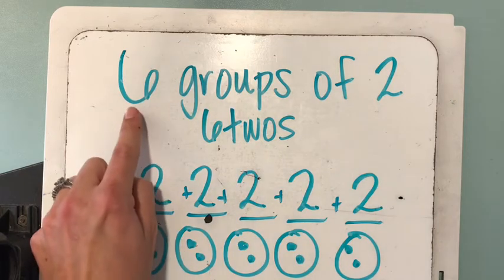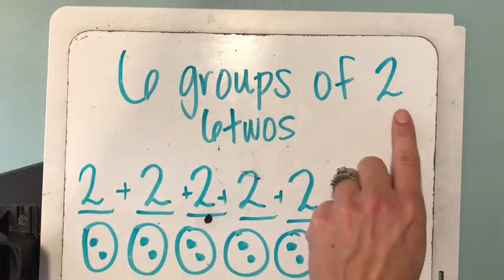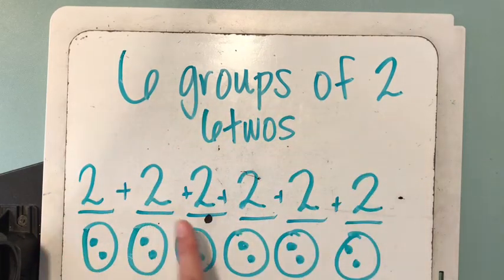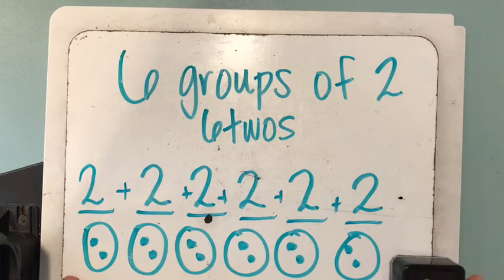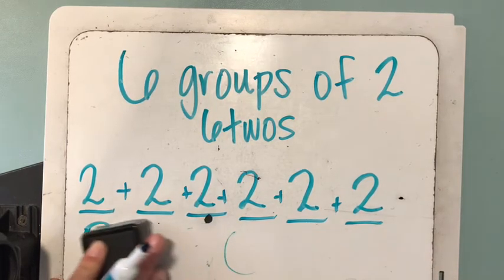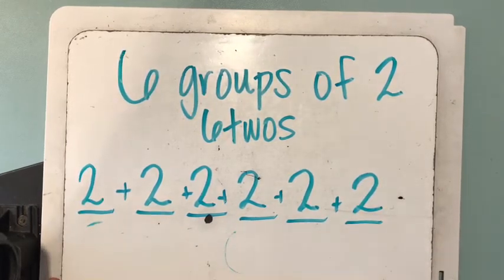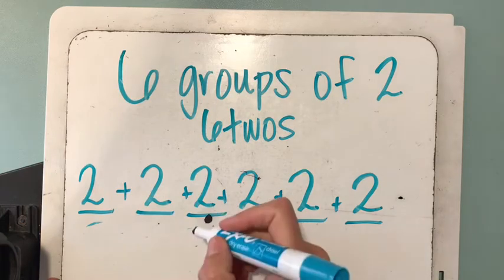So if you were to try to find 6 groups of 2, you could do a repeated addition sentence to find that out. But there's another way that you can do it. There's an even easier way to show this. And I wonder what that is. That easier way, and I'm going to erase the bottom here, is to do a multiplication sentence.